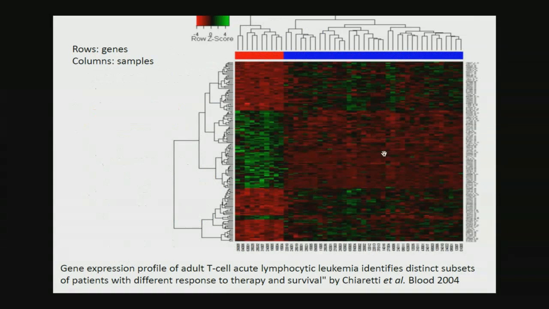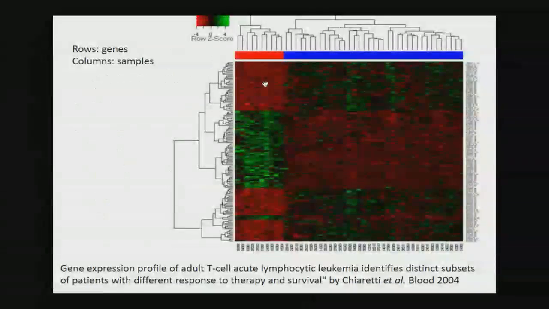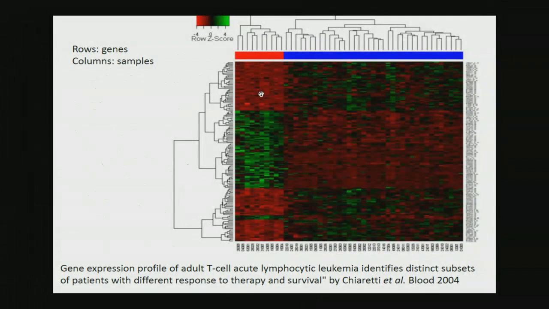As you can see, you can specify the coloring scheme when you plot the heat map. Here, the red color, the warm color, corresponds to negative score, a low expression color. And the green color corresponds to a positive value.